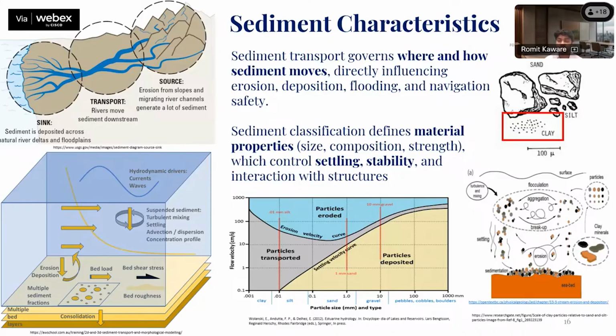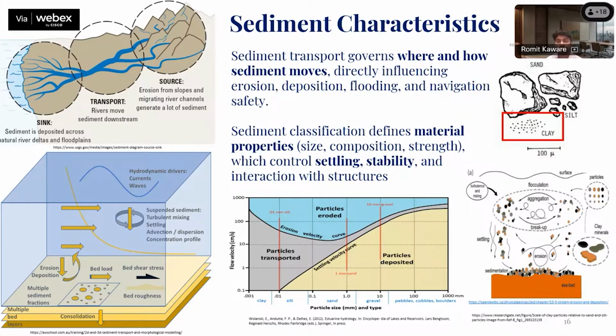There might be some more cohesive sediments, there might be cohesionless sediments. So these characteristics, these mechanical properties, actually define how the sediments may be transported across the fluid medium itself, and how the hydrodynamic conditions and the sediment properties are interconnected with each other. We might be able to get it from the sediment classification itself.